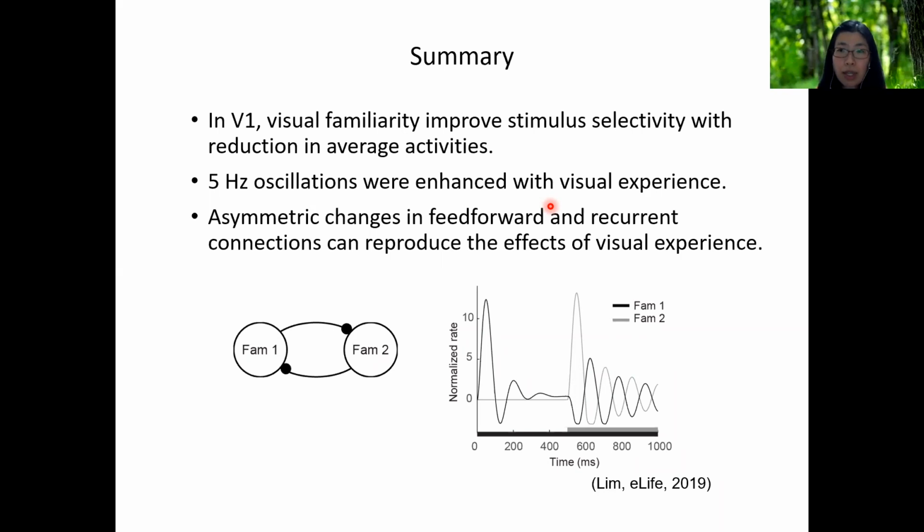They suggested that competitive interaction across the populations representing the different stimuli, and also a fatigue mechanism, generate such an oscillation. But they didn't have this intrinsic damped oscillation for the individual object.